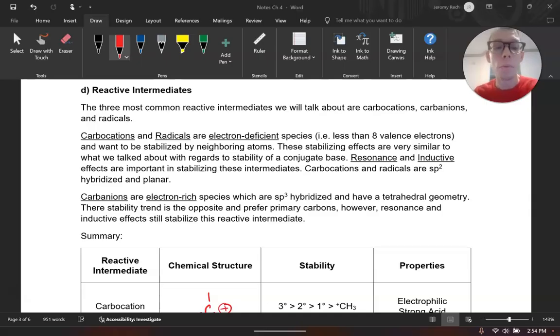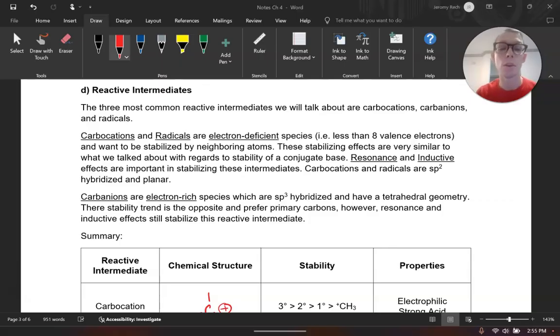Now, a carbocation and a radical are going to be electron deficient. We know that carbon likes to have 8 valence electrons around it. A carbocation having 6 and a radical having 7 are both going to be examples of electron deficient, and this is going to be one of the reasons why they are so reactive.